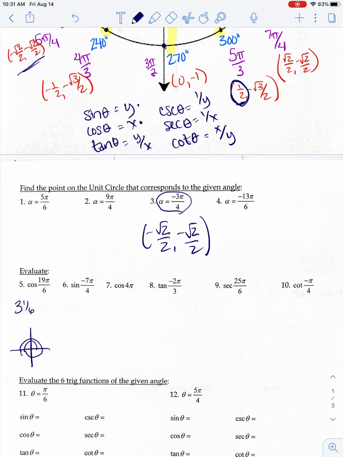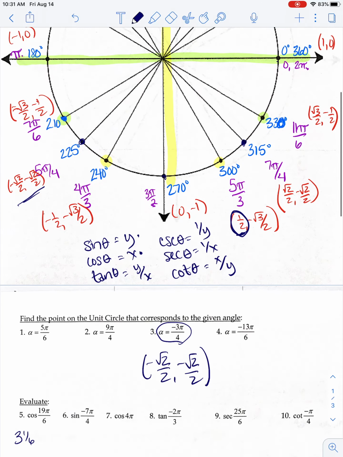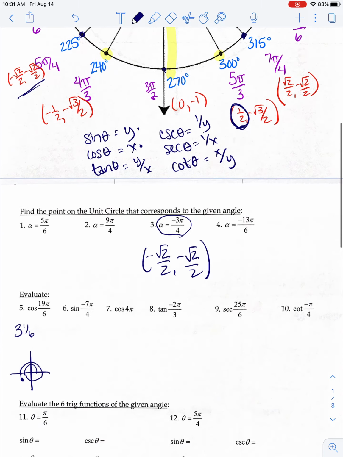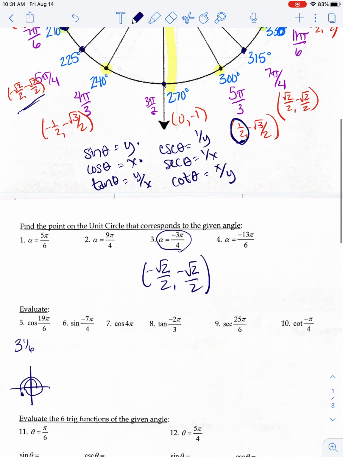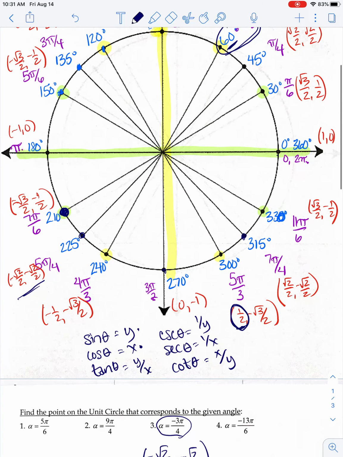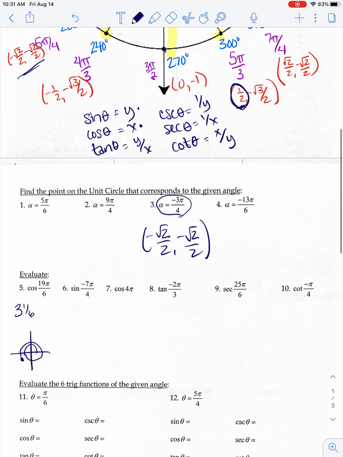So if I were to walk the circle, that's 1, 2, 3, and a 6, which will put me right there, which puts me here. And I want cosine, and cosine is the x value. So negative ugly.